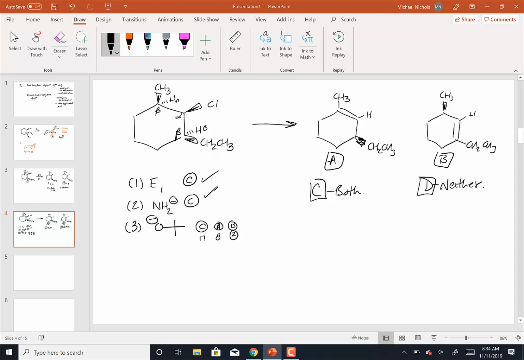So number 3, tertiary butoxide. Which hydrogens can possibly be removed by tertiary butoxide? Both A and B, right? So which one's going to be preferentially deprotonated? A or B or both?